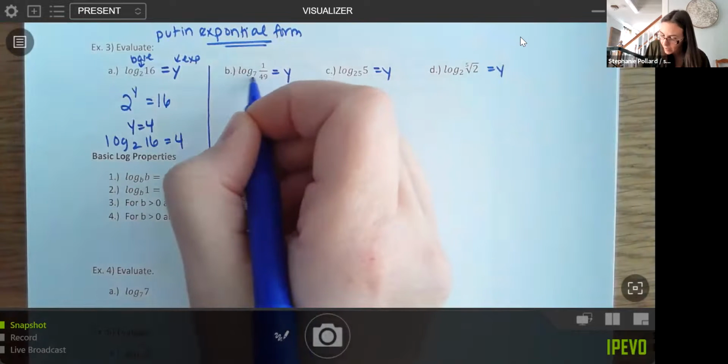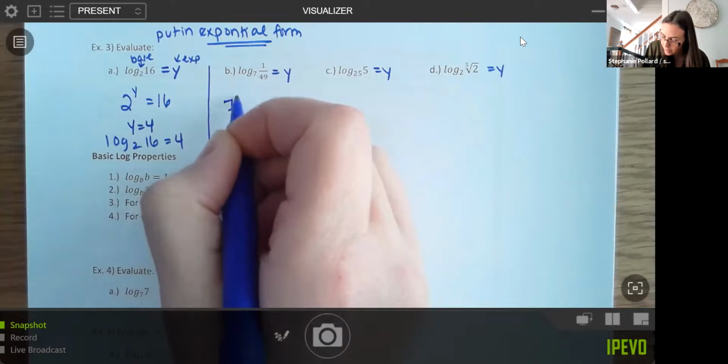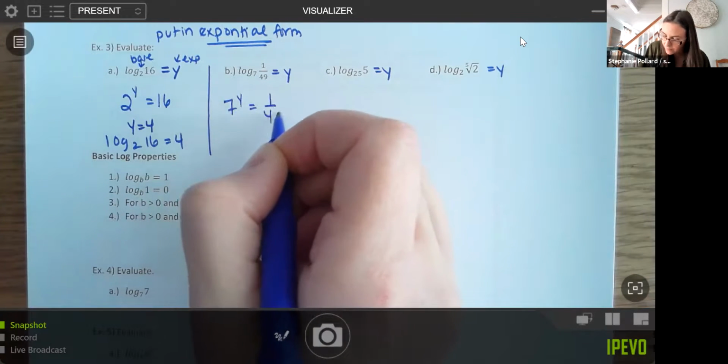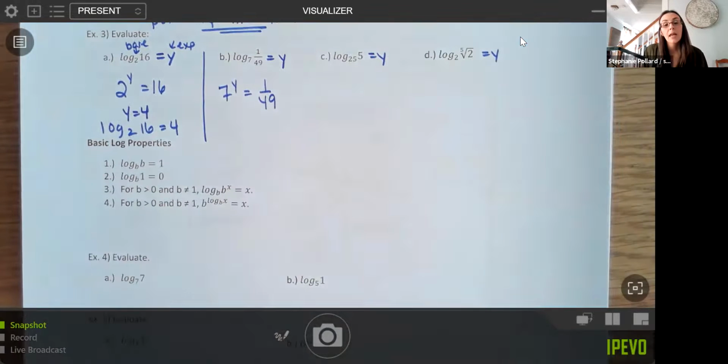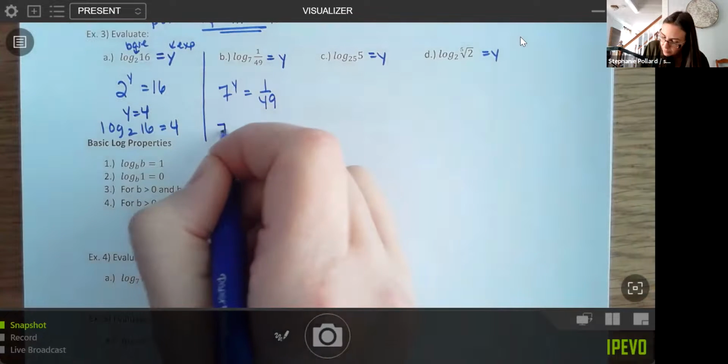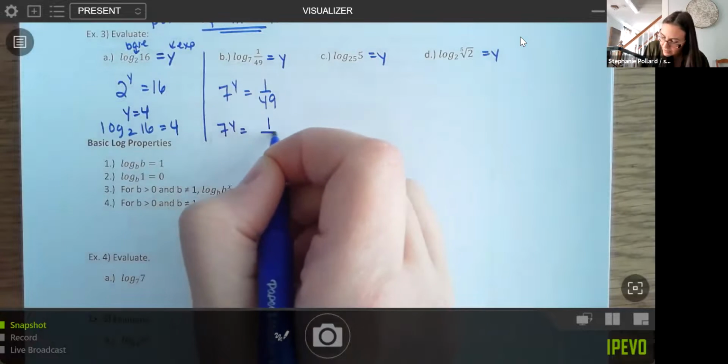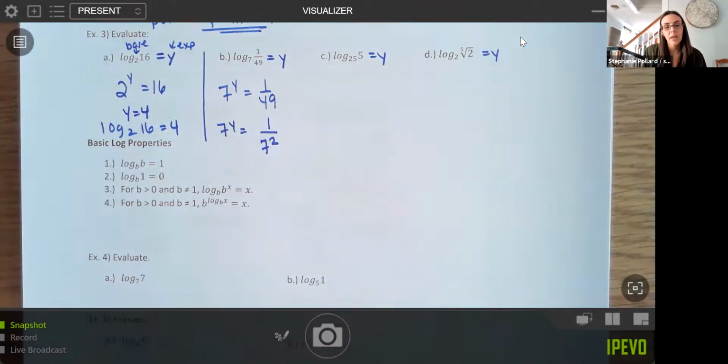Here is my base, here is my exponent. So 7 to the y equals 1 over 49. Now this one you may have to think about a little bit. Notice that 1 over 49, well, 49 is 7 squared. And if you have that denominator, that fraction, remember we can write it with a negative exponent.